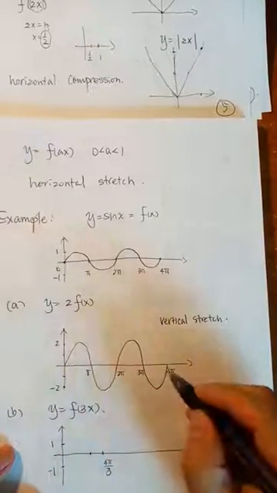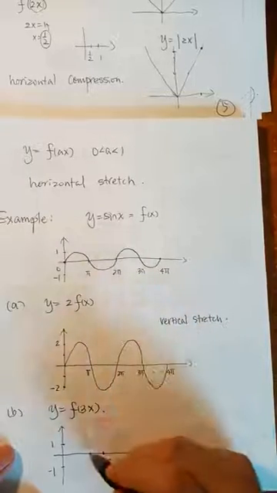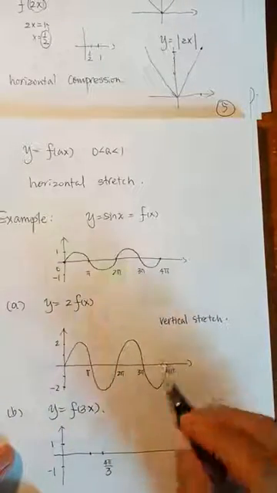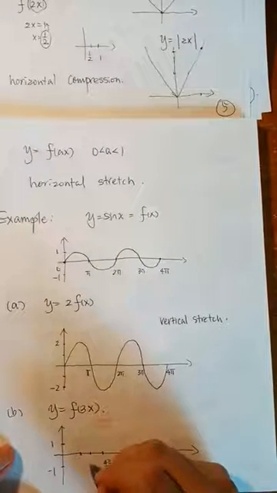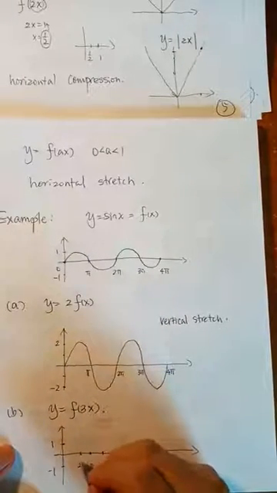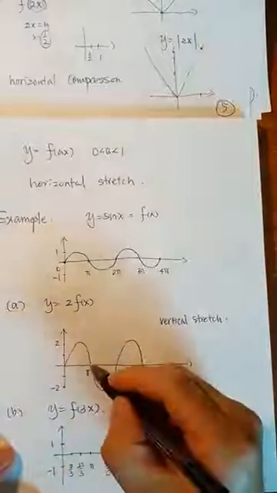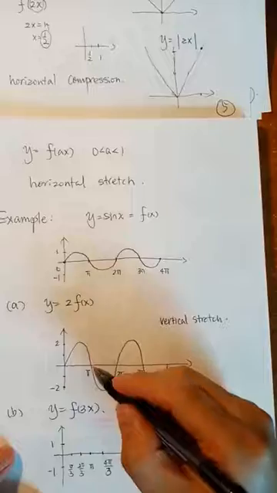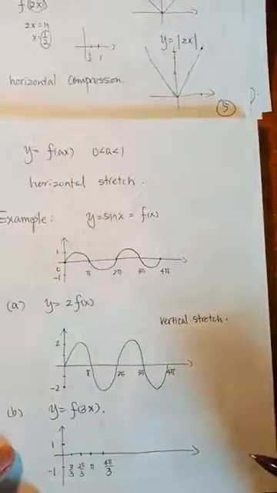When x is 4 pi over 3, it's like this. When x is pi, it's like 3 pi. When x is 2 pi over 3, this is pi, 2 pi over 3, and pi over 3. So you just divide everything by 3, because if you multiply by 3, you will go back to those points.